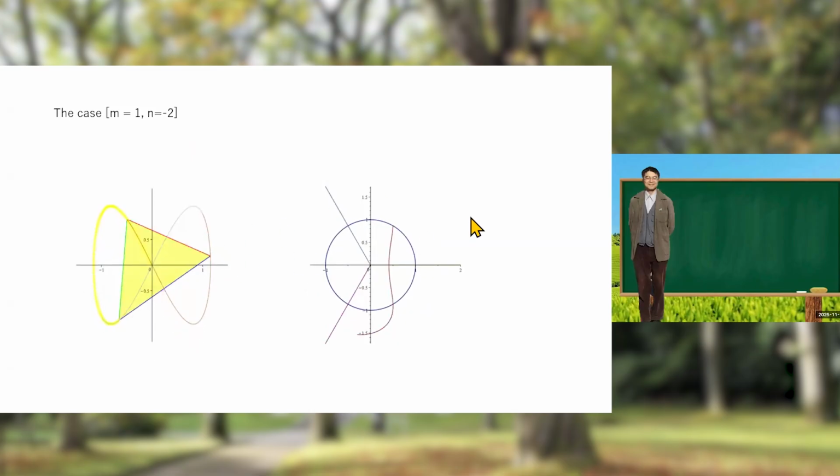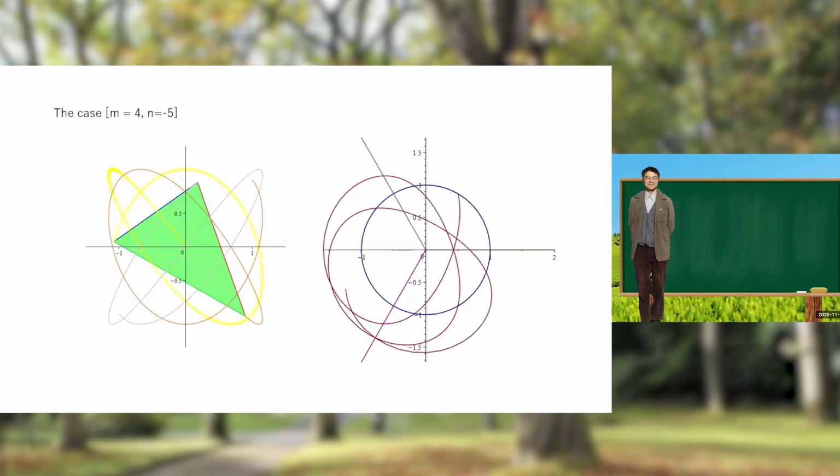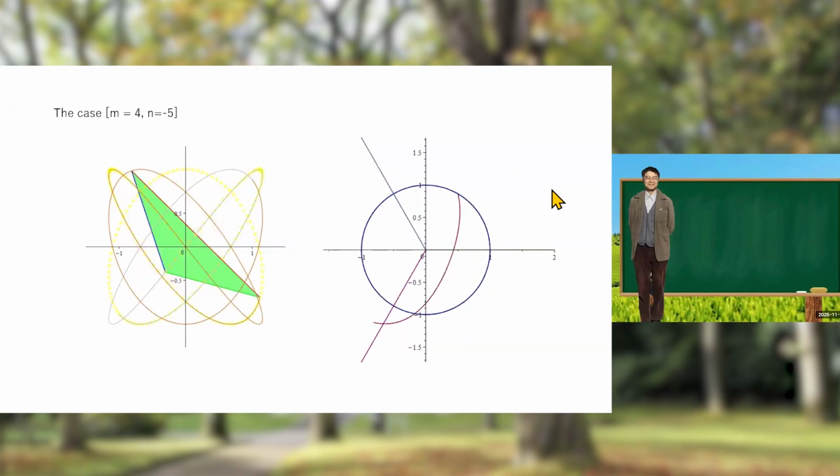And this produces this triangle moving. In this case it is also more complicated, but the orbit is like this.